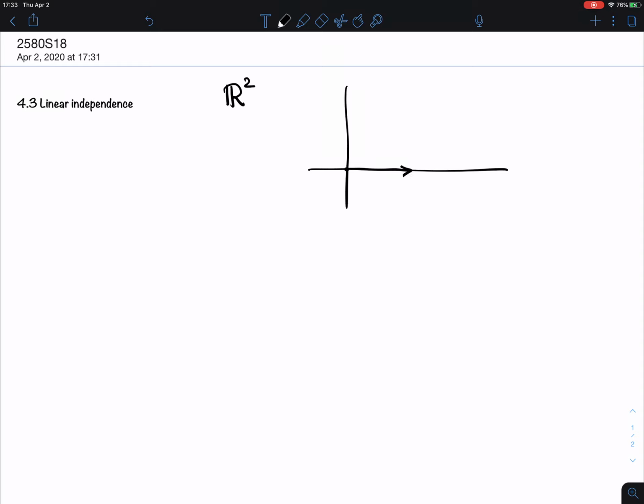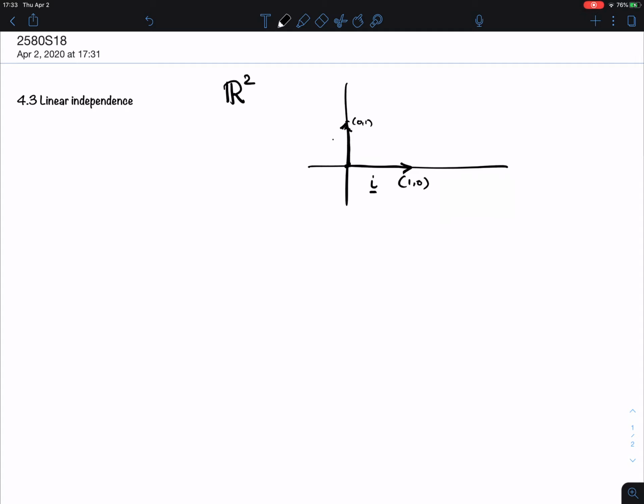So let's look at this vector here, whose endpoint is 1, 0. I'm going to call this I, the vector I. It's a special vector, and there's another one that you can think of. Another special point would be the point 0, 1 here, right? And so this would give me the vector J, I'm going to call.